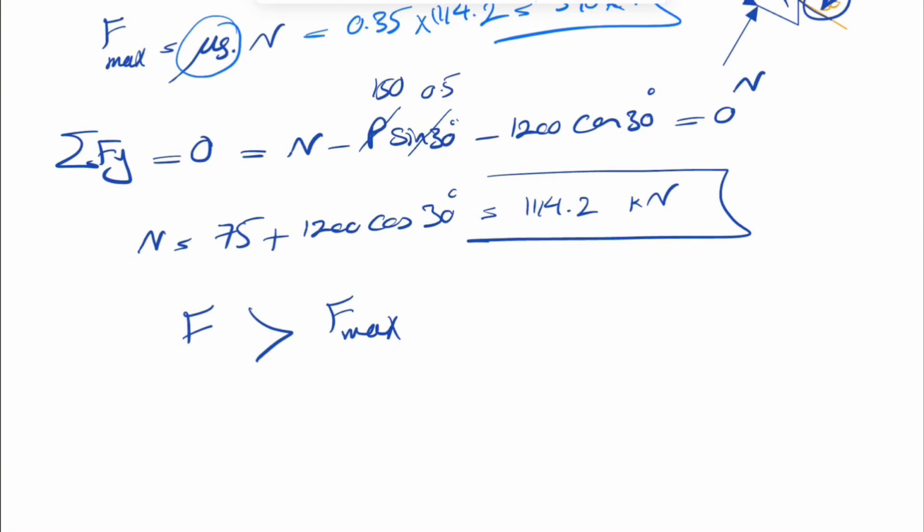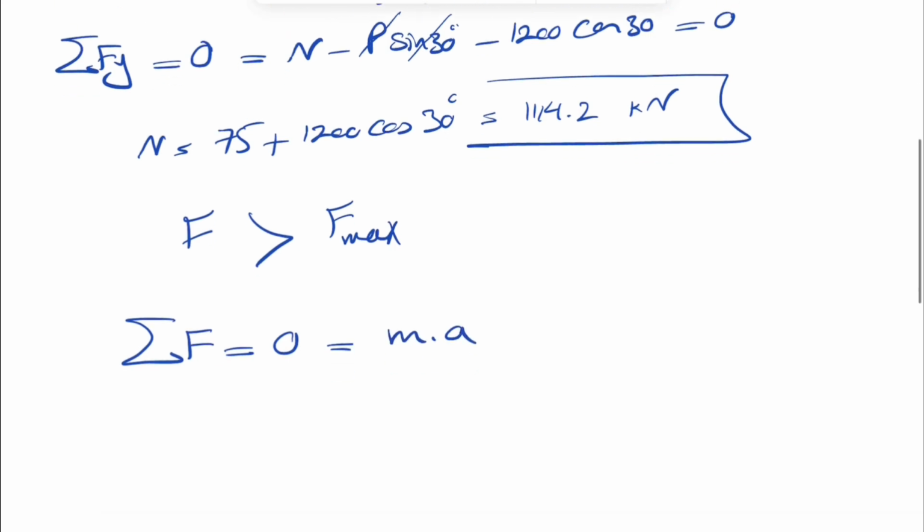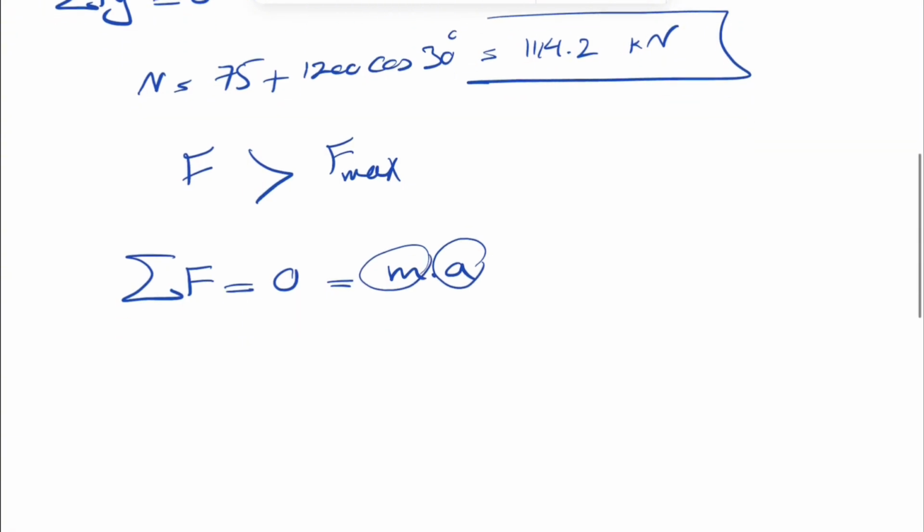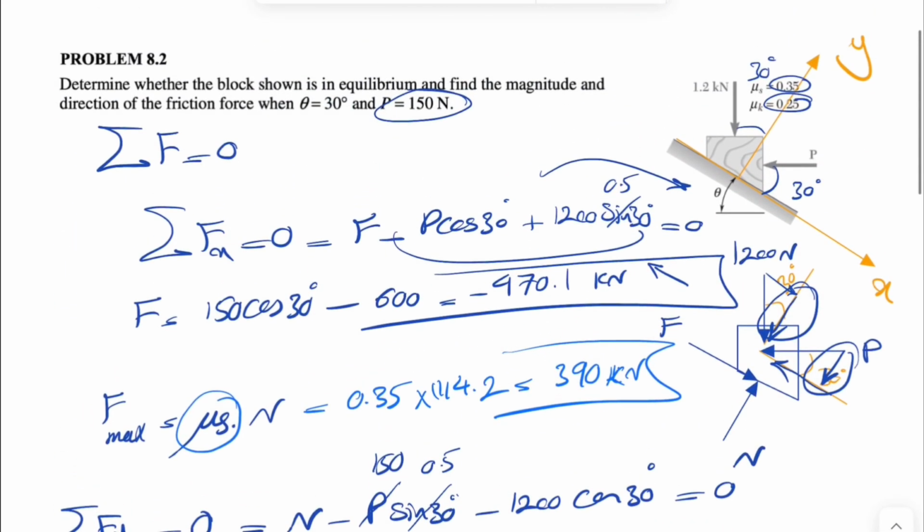If the box is moving, the friction force would be different, because in that case we are not in equilibrium, so the sum of all forces is not equal to 0. It's actually mass times acceleration, but we don't have any information for these two. We know that friction would be the kinetic coefficient times N, and we have the kinetic coefficient in the question.